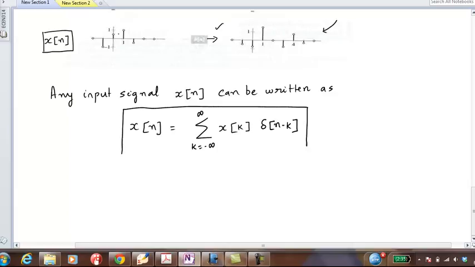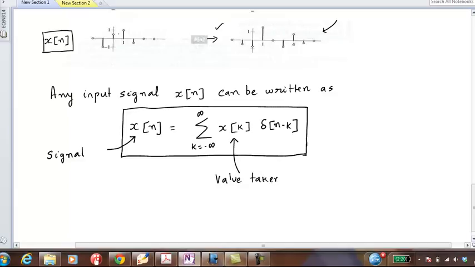Now I should point out something here. This x of n refers to a signal, whereas this x of k is the value taken by the signal x of n at time k.